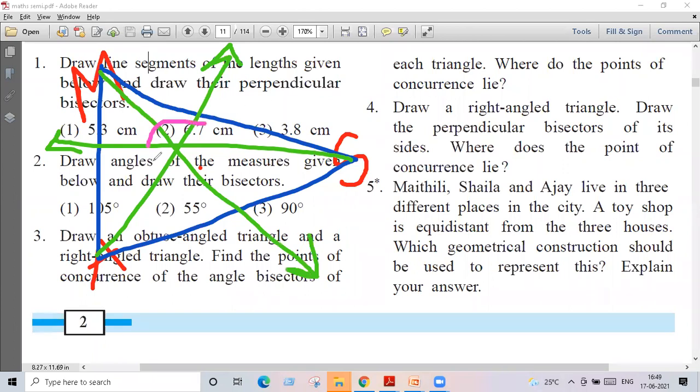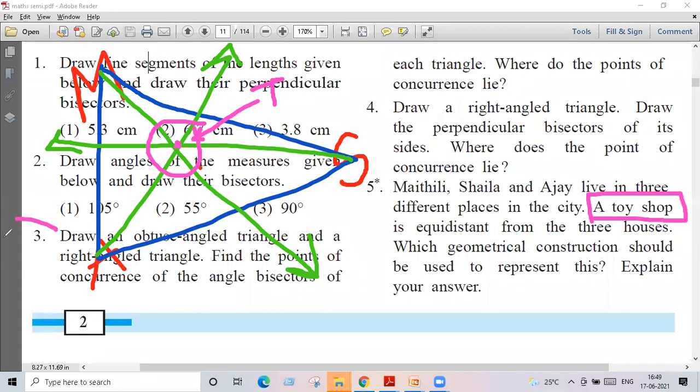This point here, the point in the middle, this is the point where the toy shop is. So where is the toy shop? The point that we get, there you will find your toy shop. See, here is your toy shop. So we can give the point T. We can name it T. So this is your toy shop.